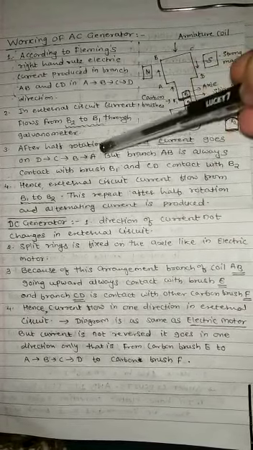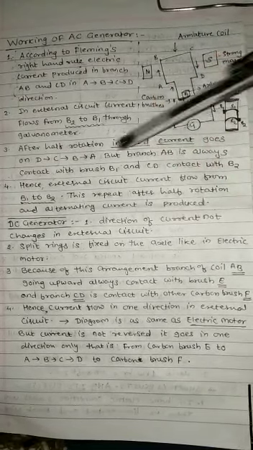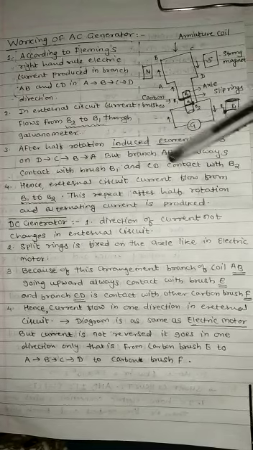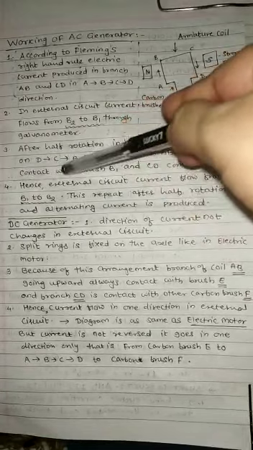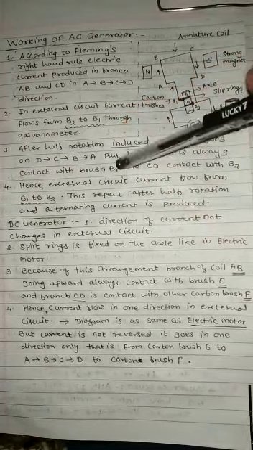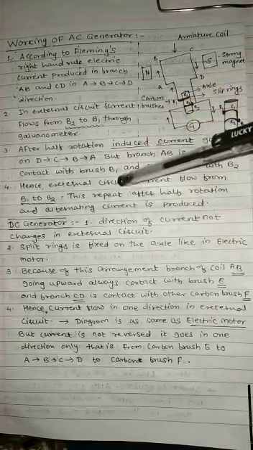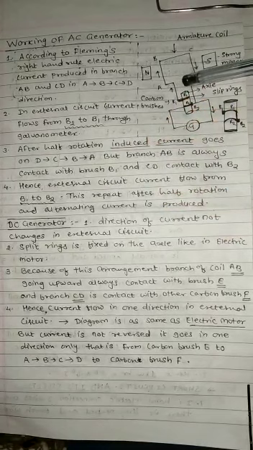Next, after half rotation, the induced current goes from D to C, C to B and B to A. But branch AB is always in contact with brush B1 and CD is in contact with B2. See, look at the diagram.